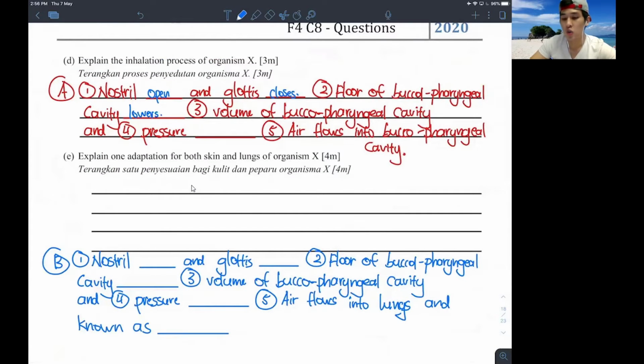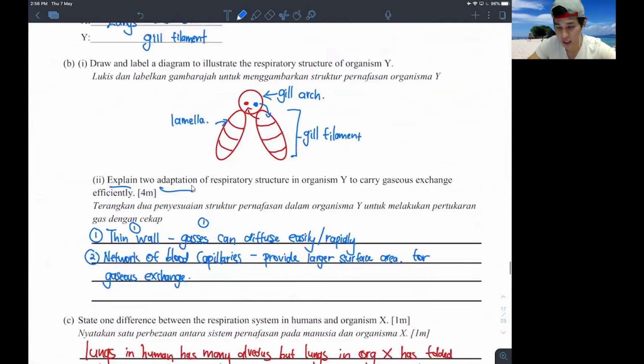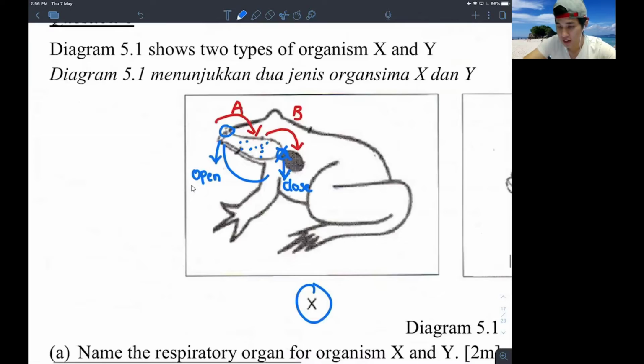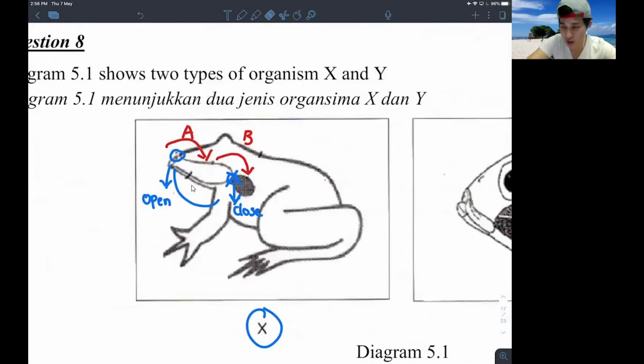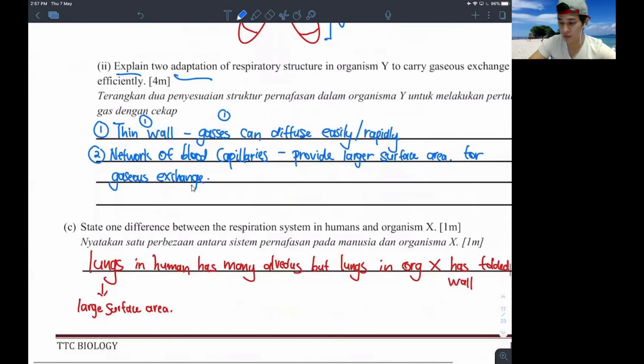Okay, so if the floor lowers down, obviously you can see now inside the mouth here, there is more space. So we will see obviously the volume increases. And as we mentioned, volume and pressure are inversely related. So when volume increases, pressure decreases, which is the same thing I prepared for you already.